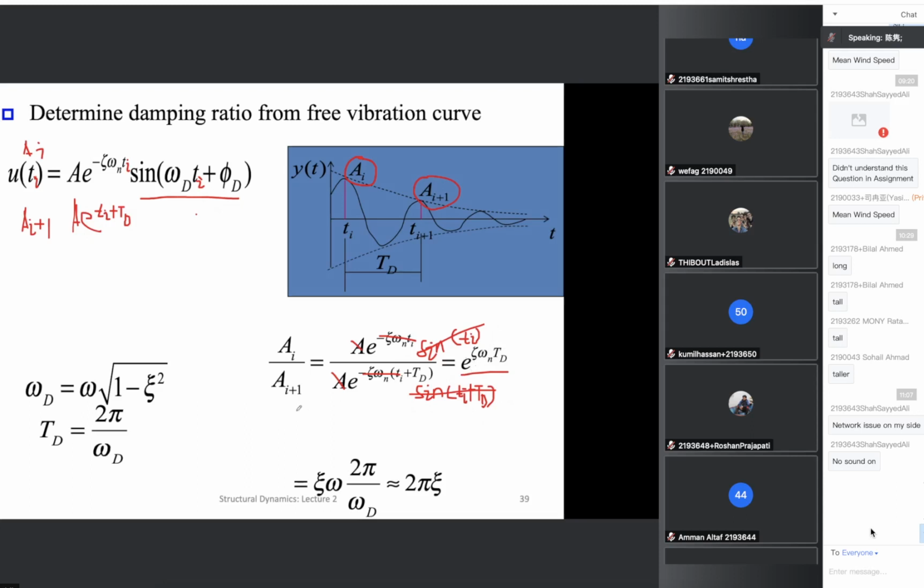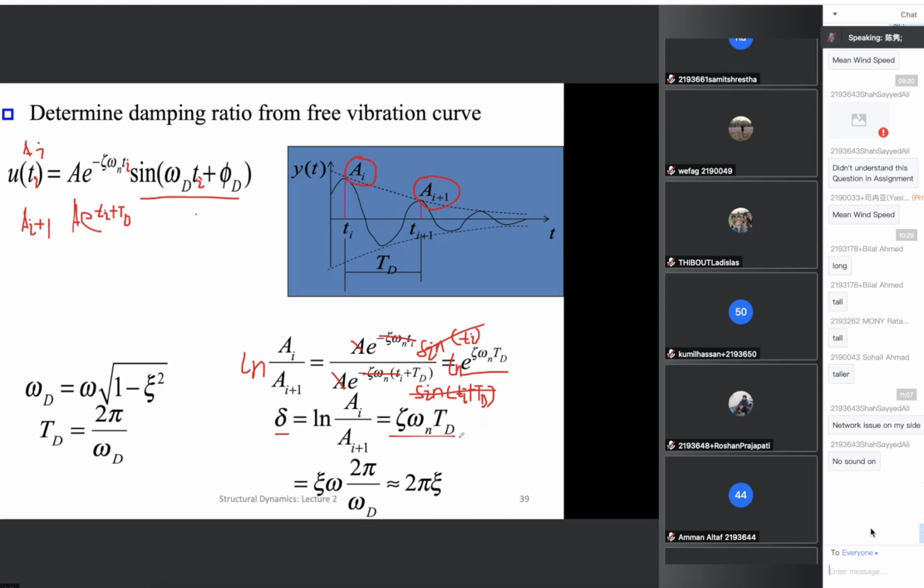If we introduce the ln operation to both sides of the equation and name this delta, then ln of A_i over A_(i+1) equals zeta omega_n T_d.